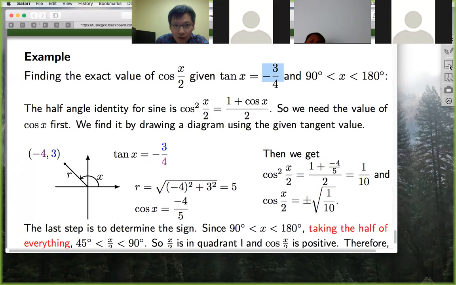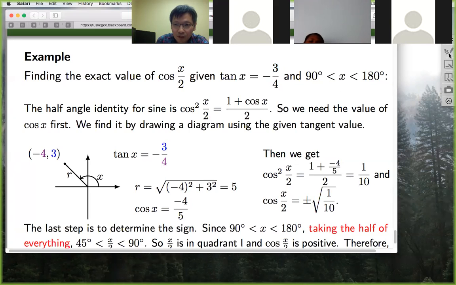So let me work this out on the whiteboard. So we have to find the cosine value using the tangent value. And the angle is between 90 degrees and 180 degrees. What you're given is actually the quadrant where this x lies.